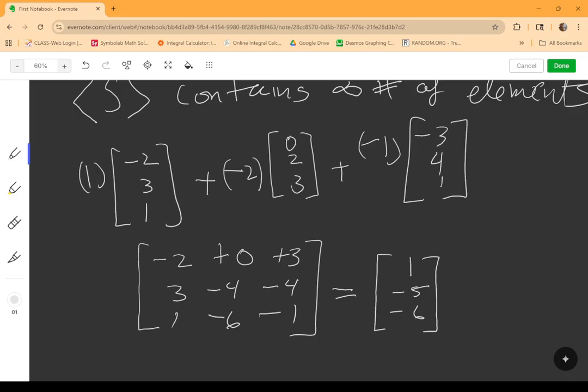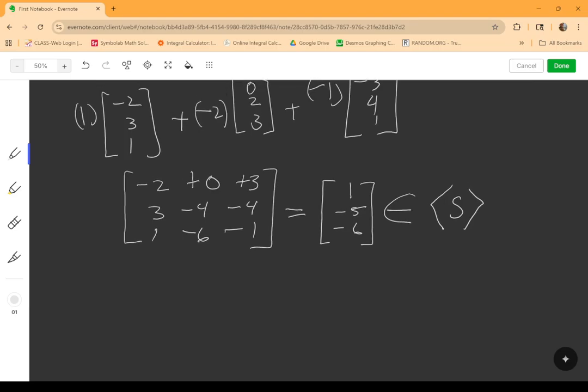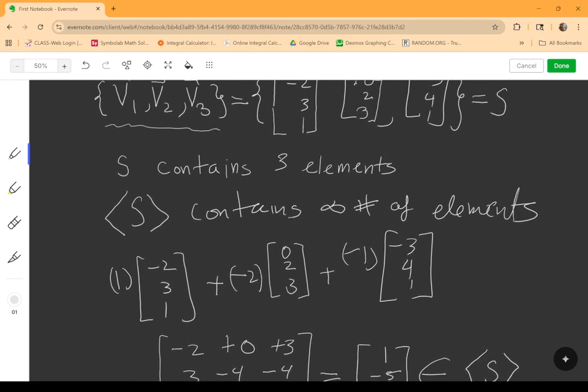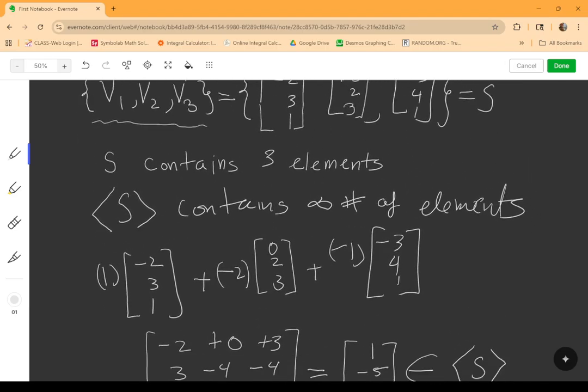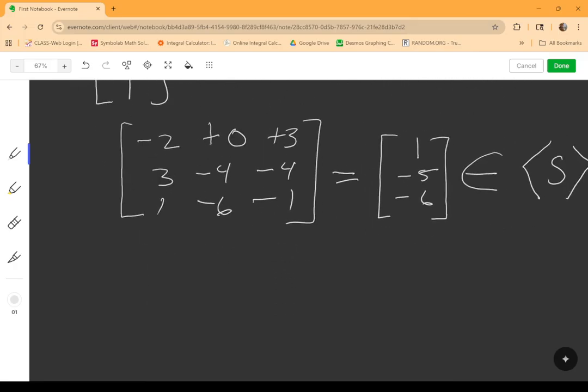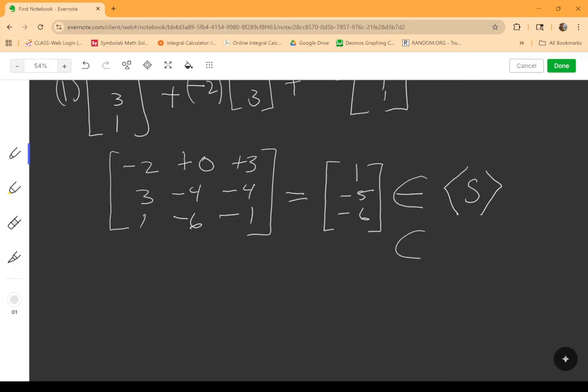Notice this is an element of the span by definition, since it's a linear combination. But it is not an element of the set S. I keep bringing this up because I want us to understand the distinction between these two sets.